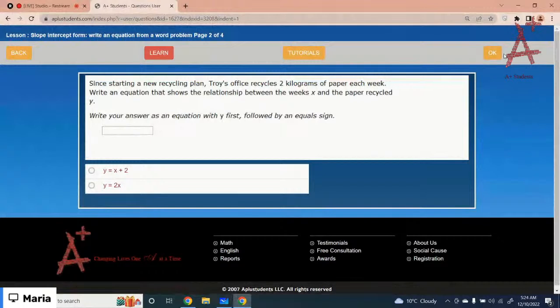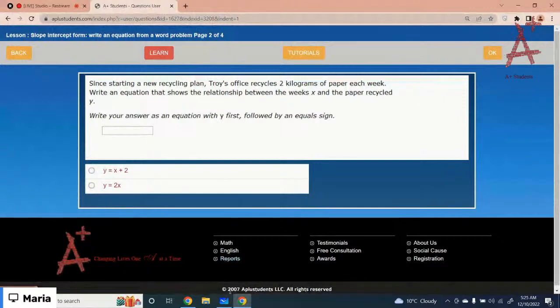Since starting a new recycling plan, Troy's office recycles 2 kilograms of paper each week. Write an equation that shows the relationship between the weeks X and the paper recycled Y. So which is the correct option? That is exactly the same as the first question.